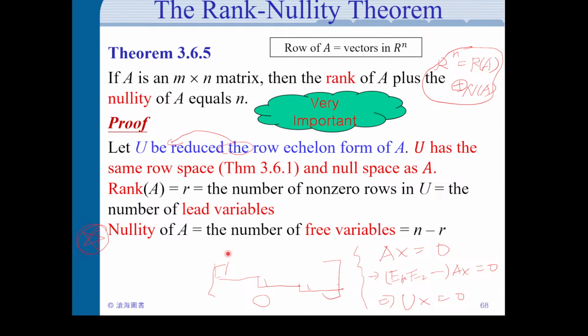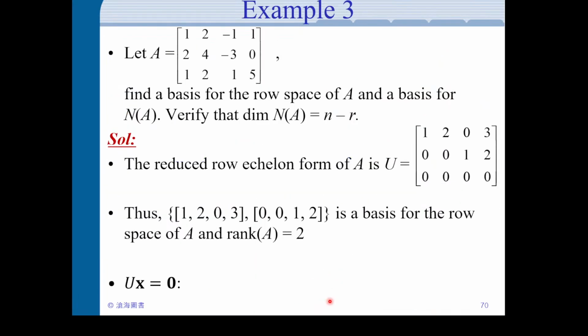So here we have a bit of an example. The number of lead variables is 3 here, and the number of free variables is all the other empty spaces here. Or let's see an example with a clearer write-up. Here with A here and U here, the number of lead variables is 2.